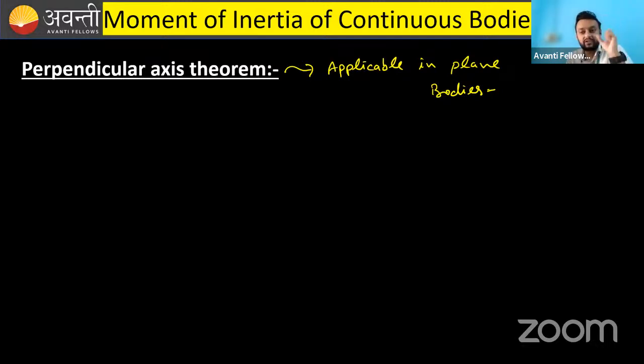It is not valid for a sphere because a sphere is a three-dimensional body. It is valid for a ring, but not valid for a cylindrical body. It is valid for a rectangular sheet, but not valid for a cube. So it is valid only for bodies which have only area and do not have any volume.